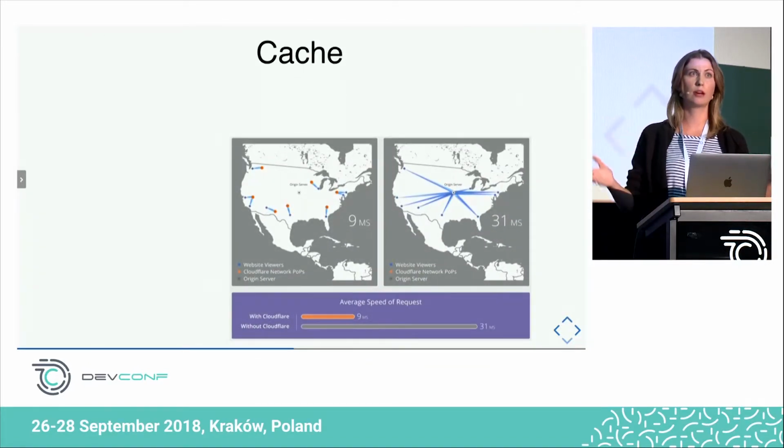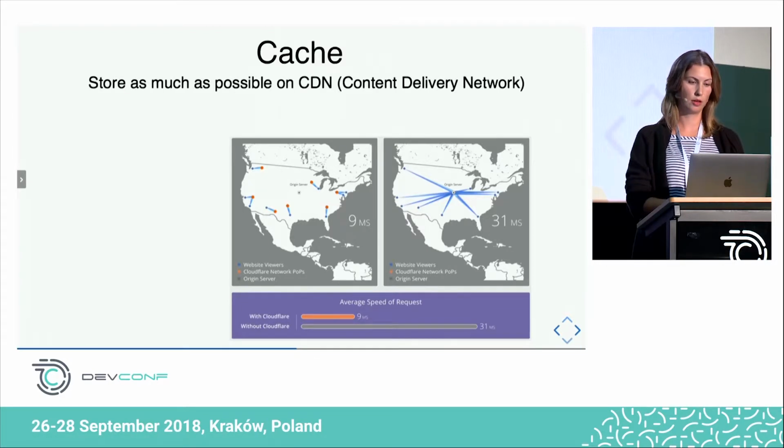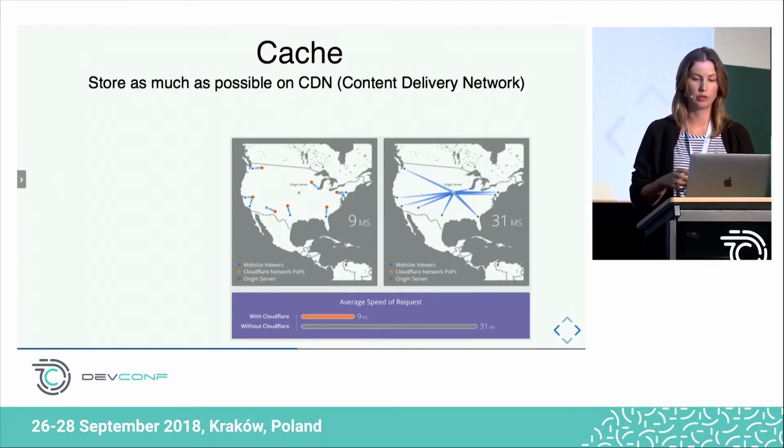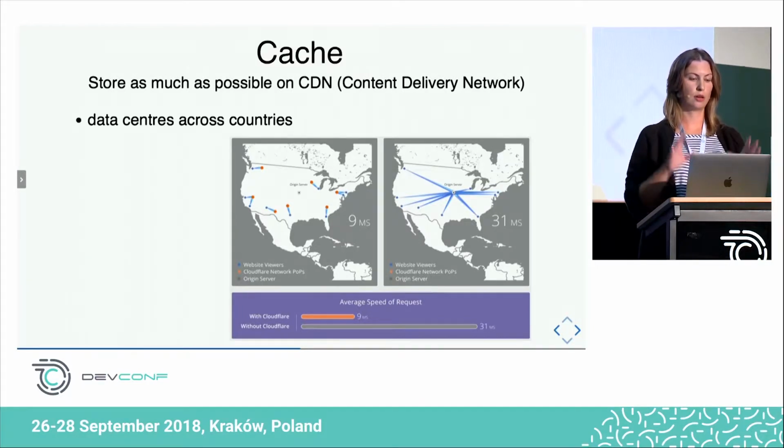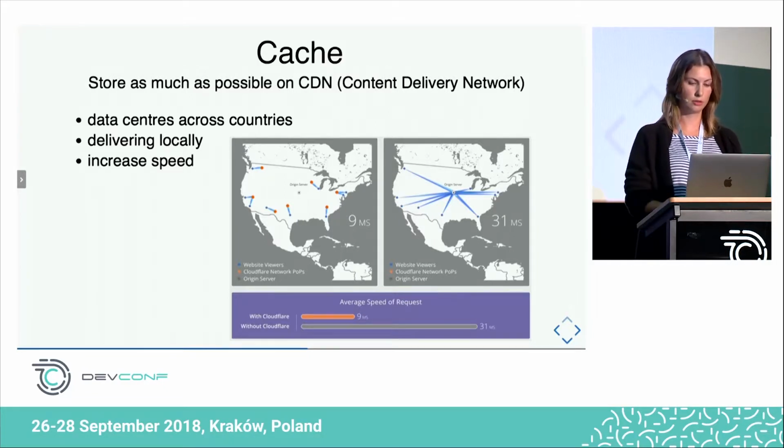Cache whatever you can, because it speeds up a lot. So store as much as possible on the content delivery network, because it has data centers across countries and continents. It delivers the data to customers locally, and it increases the speed, of course.